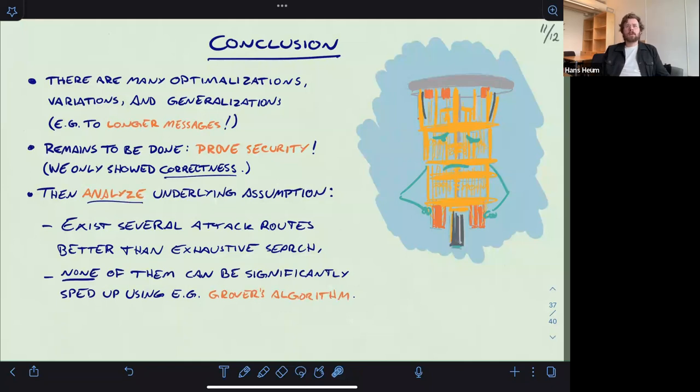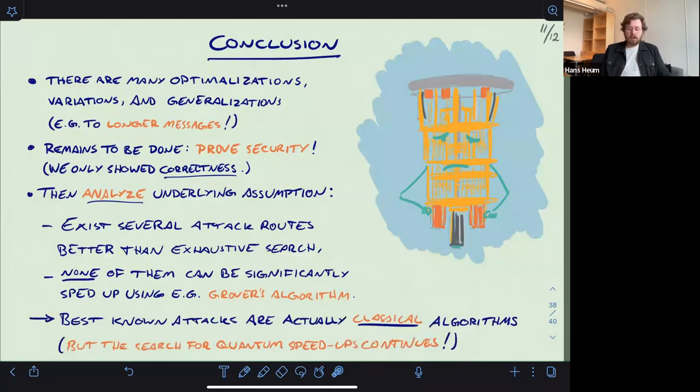I say significantly because some have achieved tiny bits of speedup, but nothing like the squared speedup of Grover's algorithm.